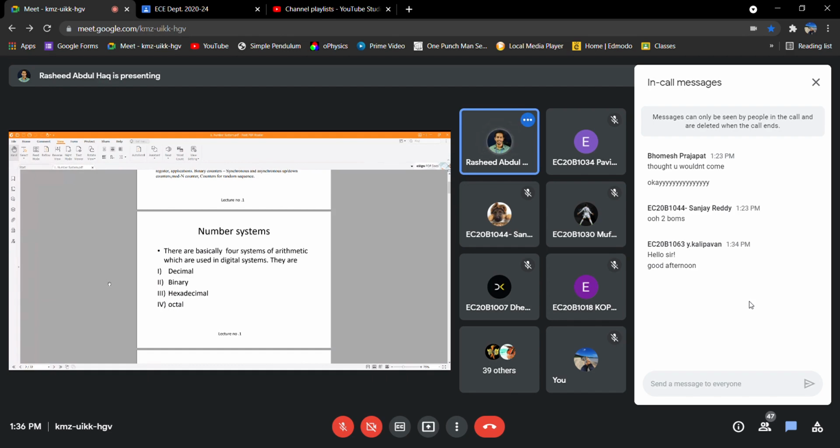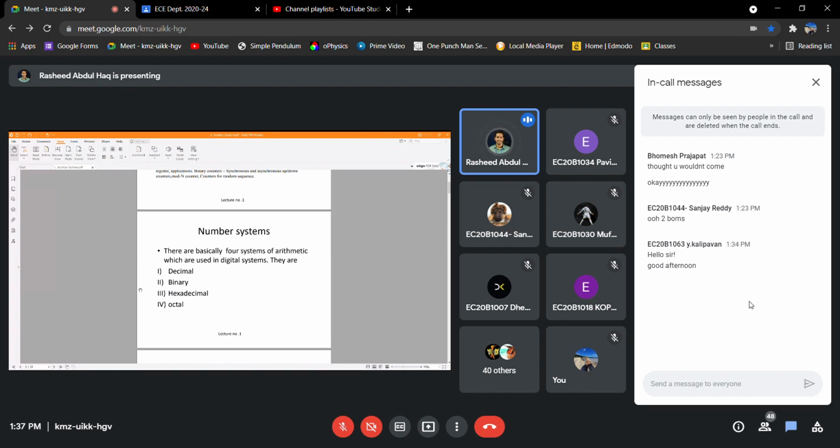In hexadecimal, we have 16 symbols: single digits 0, 1, 2, 3, up to 9, and after that the letters A, B, C, D, E, F. And in octal we have just 8 digits to represent all numbers.